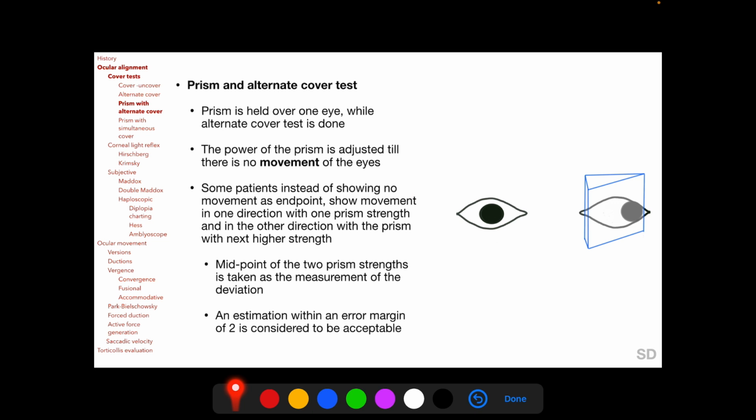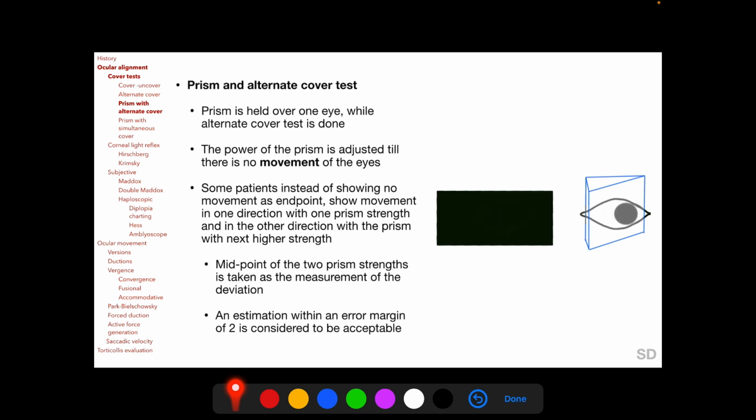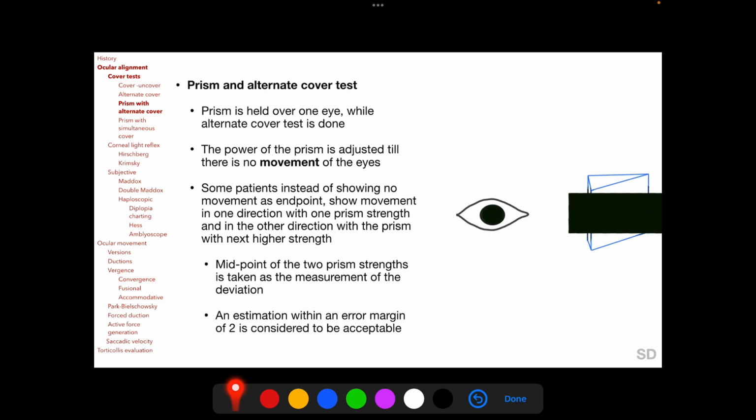Now we perform the alternate cover test, and when we cover the right eye, we find that the left eye moves, and when we cover the left eye, we find that the right eye moves. So the movements on the alternate cover test have not yet been neutralized, and the power of the prism is not adequate, and the power of the prism needs to be increased.